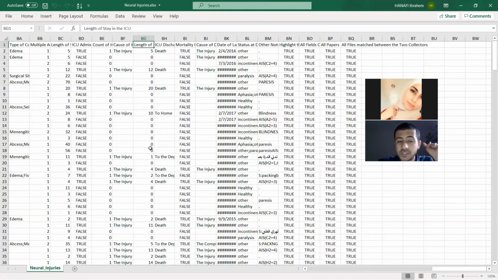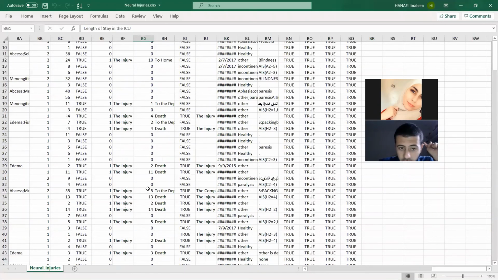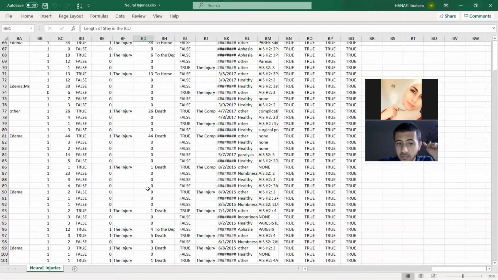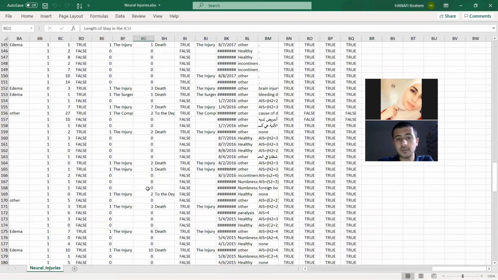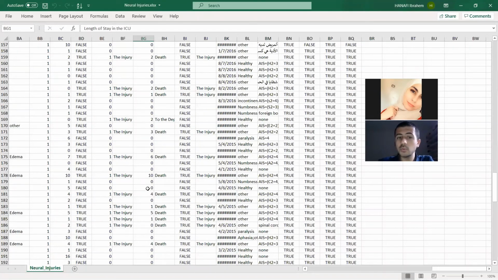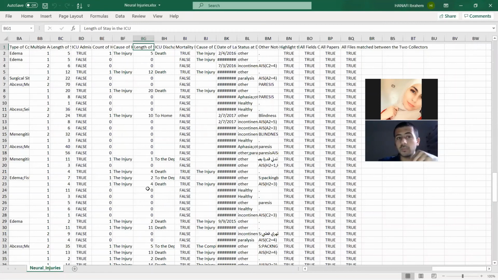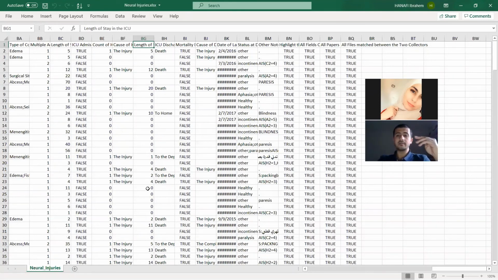Length of stay. You can't see any unit in here. Can you see that? 0 for those who didn't enter the ICU. I could have put two columns, one for entering the ICU or not. Or I put the length of stay in the ICU, and for those who didn't enter, I put 0, 0, 0, 0.